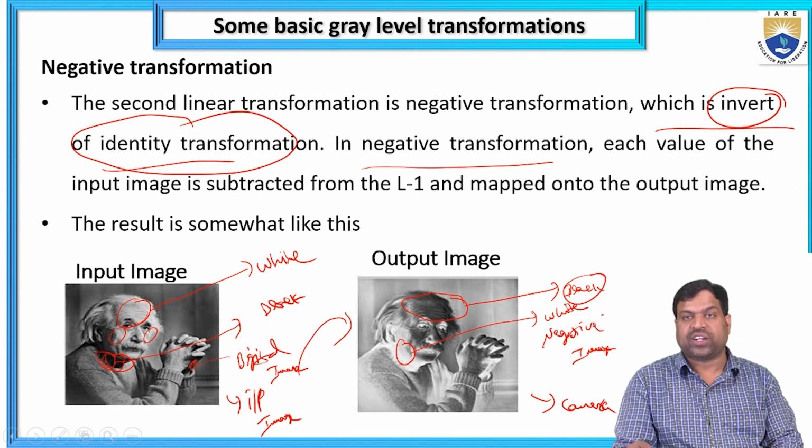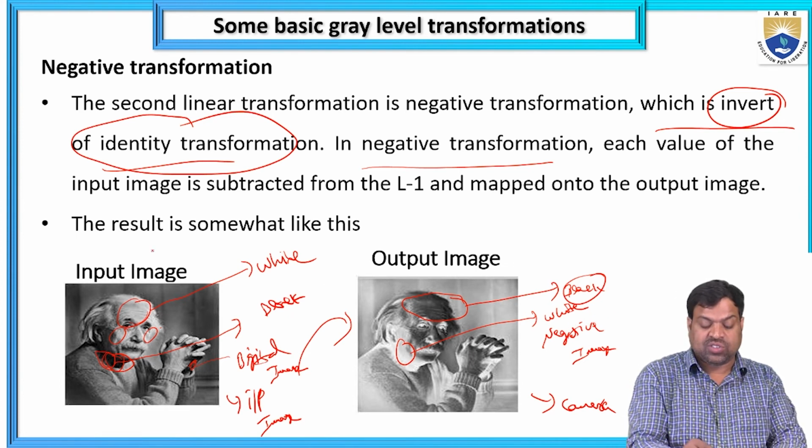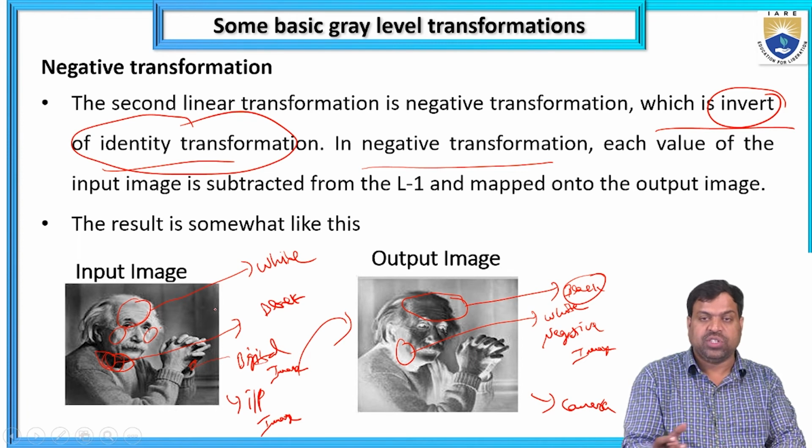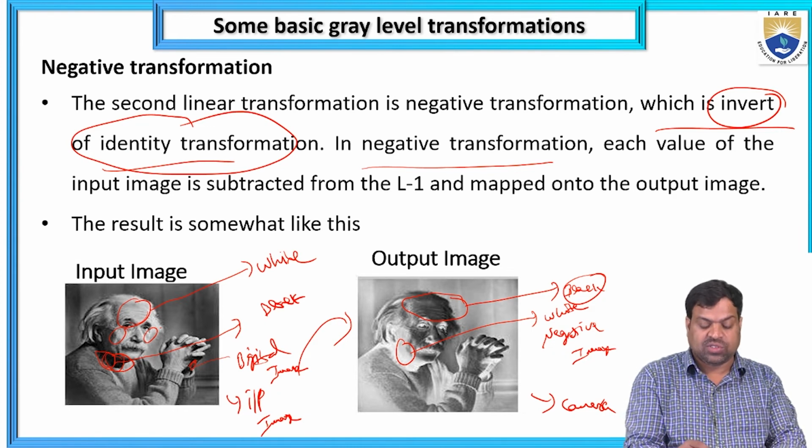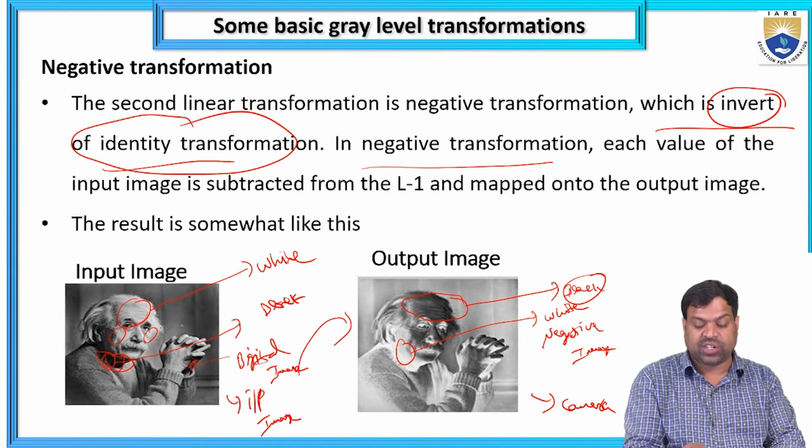That is called the inverse of the identity transformation. The input image is inverted, inversely proportional: white converts to black and black converts to white.